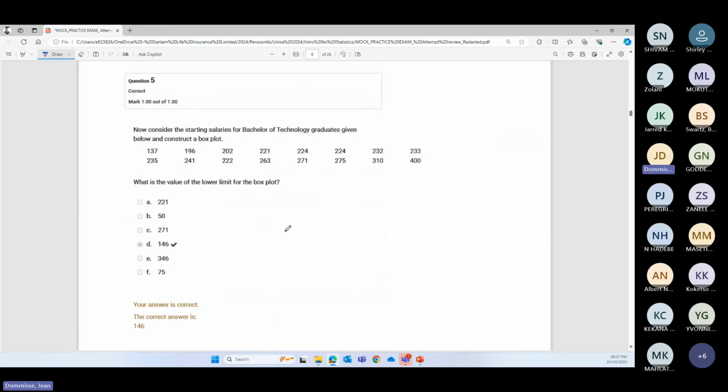Okay, so then again, we get data, lower limit. Can you guys remember the formula for that lower limit? Because that is not the same as Q1 and Q3.